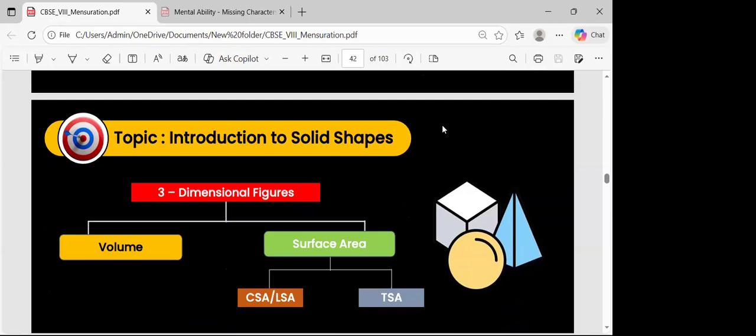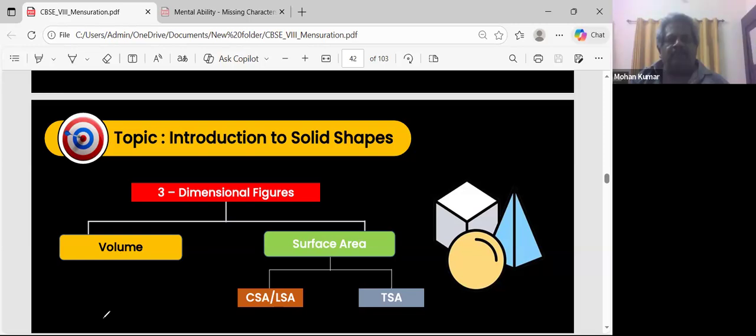We have 3-dimensional figures. In 3-dimensional figures, always remember, we have 2 things. One is called volume. The other is called surface area. The meaning of volume is always the word capacity.